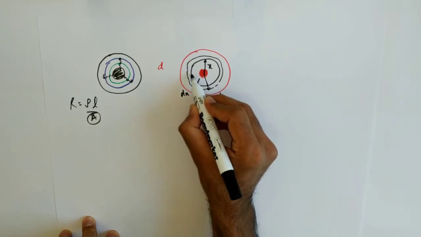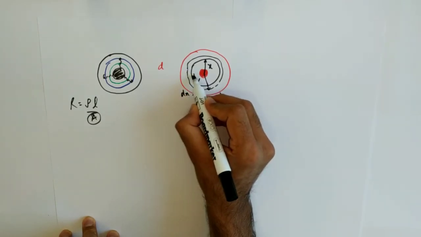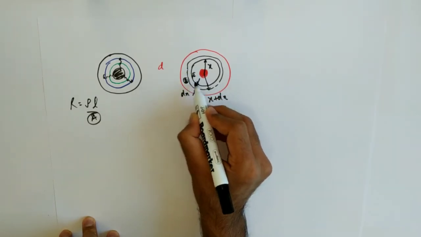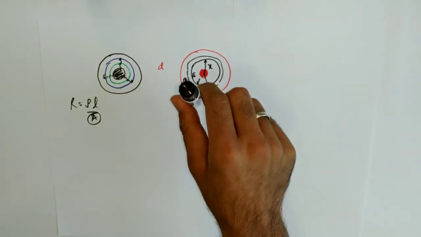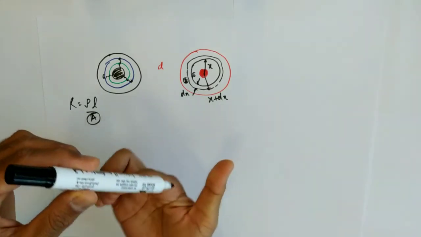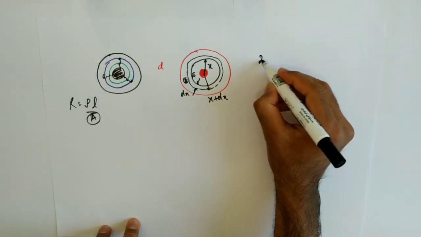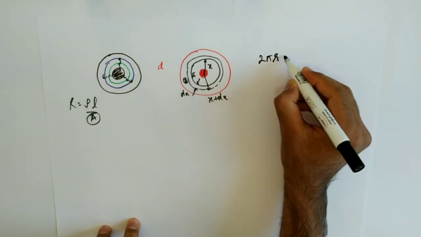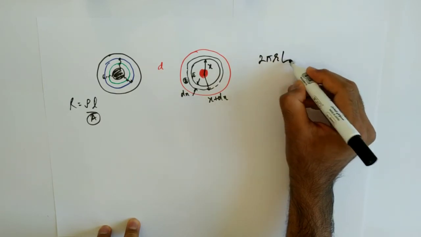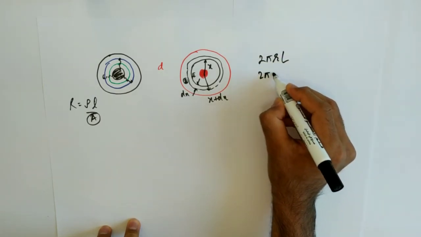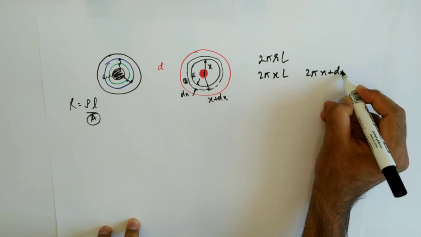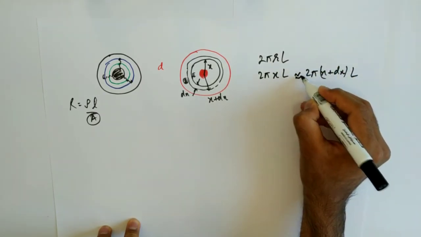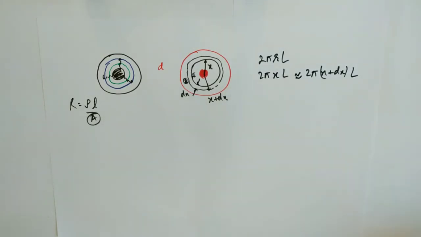So the cross section area at point 1 and point 2 are nearly the same. The cross section area for a cylinder like a cable is cylindrical, so the curved surface area is given by 2 pi r, that is the radius, times the length. In this case it will be 2 pi x l, and the other will be 2 pi (x plus dx) l, which is nearly the same.